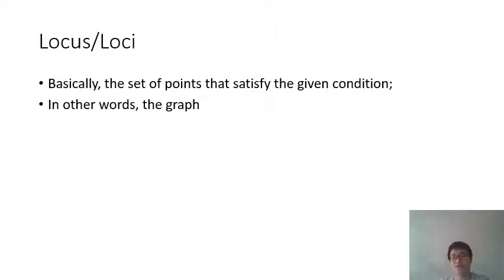Another concept that comes up a lot is locus, or loci. Loci is the plural form of locus. Basically, they're the set of points that satisfy a given condition, and the condition will usually be given in the form of an equation, like a quadratic equation. The locus of that quadratic equation will be, in other words, the graph.